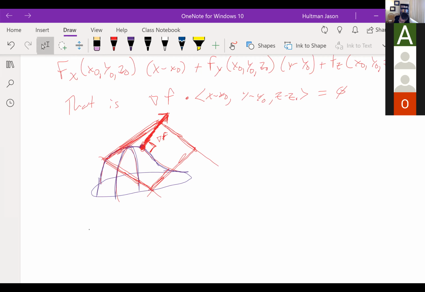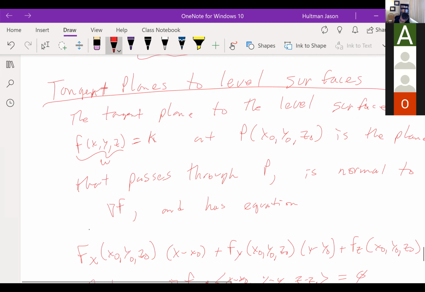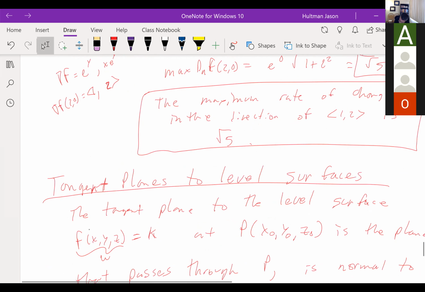Okay, let's do an example here. This will be our last example for the day. Is this number 4? I kind of lost count somewhere along the way. Number 3, number 4, who knows?